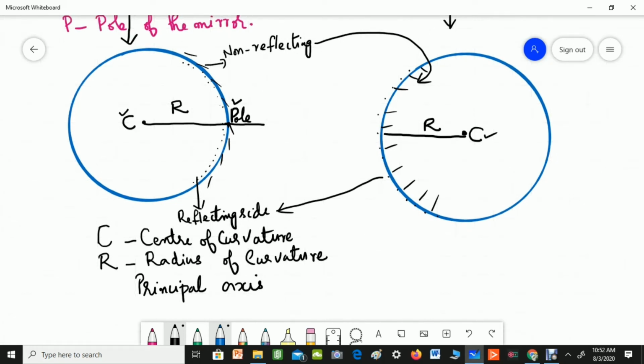In the case of a convex mirror also, you can imagine the same concept, an imaginary line passing through the center of curvature and the pole. Pole is the center of the reflecting surface. So this imaginary line is called the principal axis.